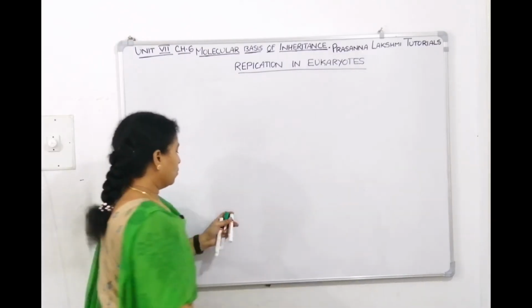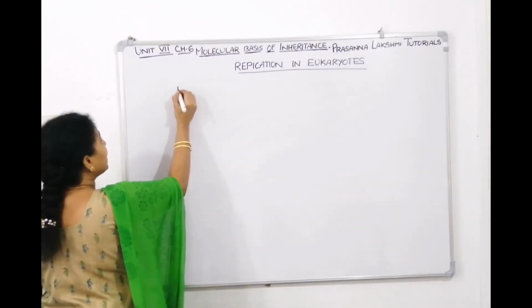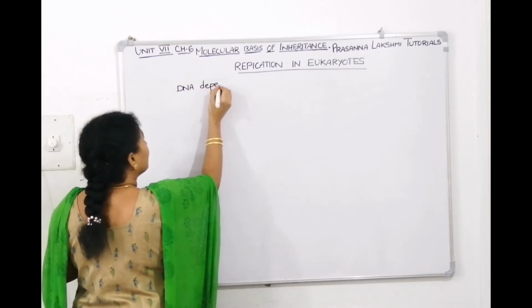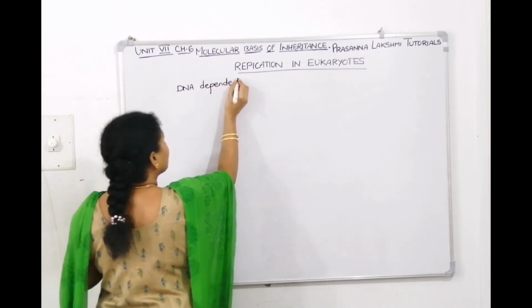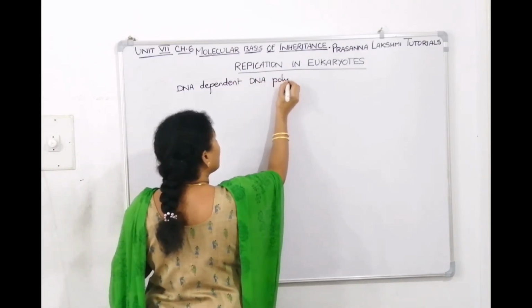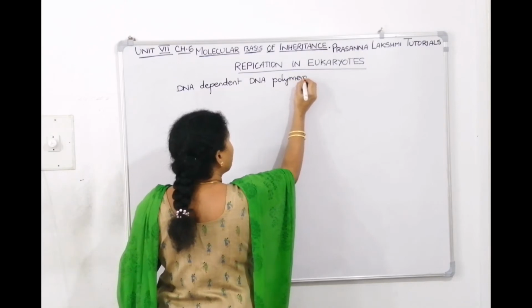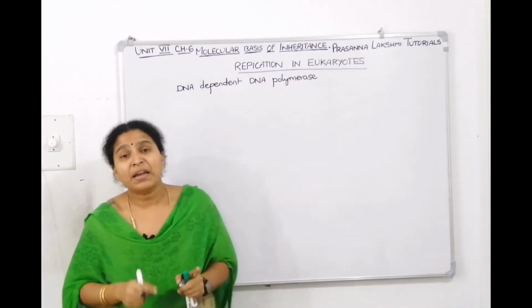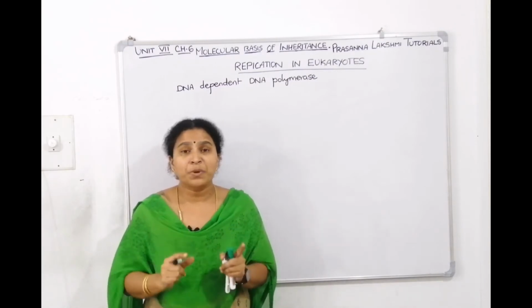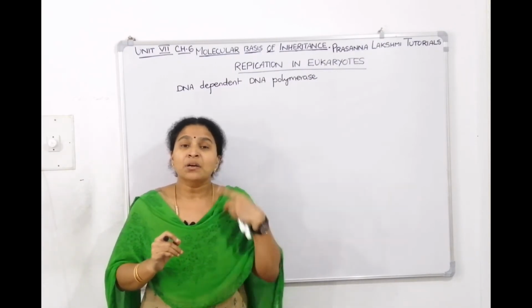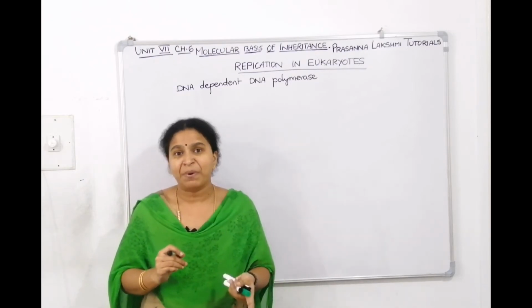The complete name of the enzyme is DNA dependent DNA polymerase, because the daughter strand synthesis depends upon the bases which are present on the template, right?